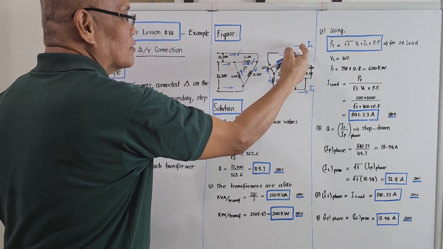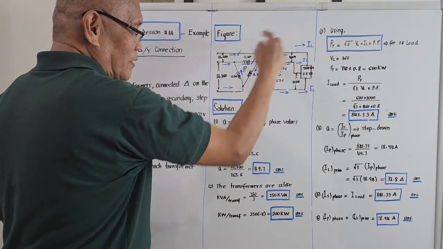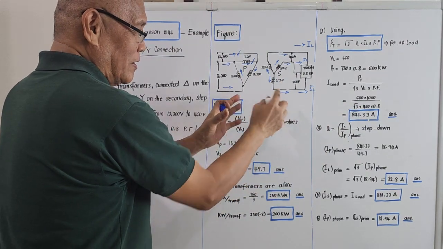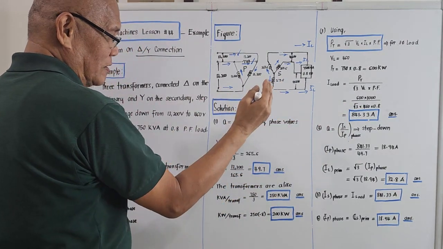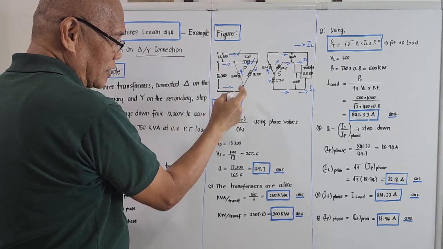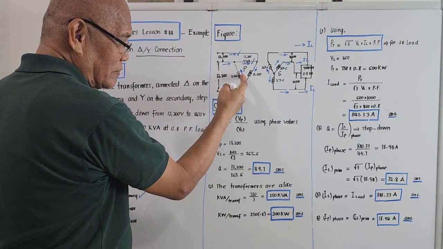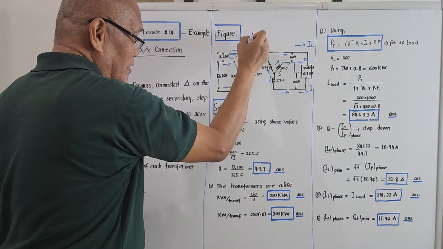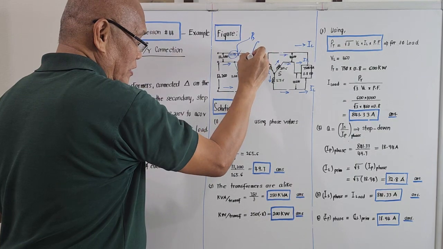It will be the same as the load currents. The connection is y. The problem here is on the primary, because the line currents are actually different from the phase current, right? This is bigger and this is smaller.